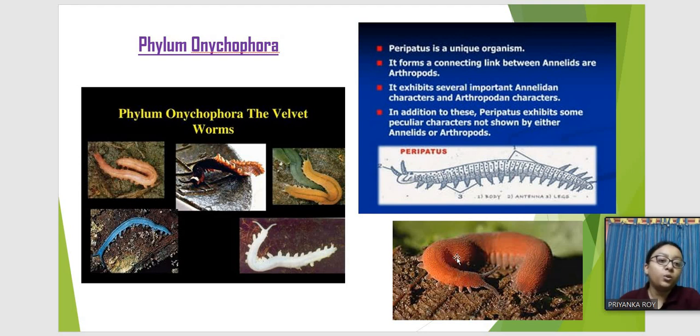If you look closely, they have a velvety external appearance. This is different from whatever worms we have seen. So these are called velvet worms. Flatworms, roundworms, segmented worms, and now come velvet worms. Phylum Onychophora consists of all these velvet worms.